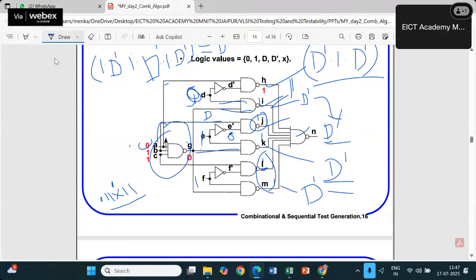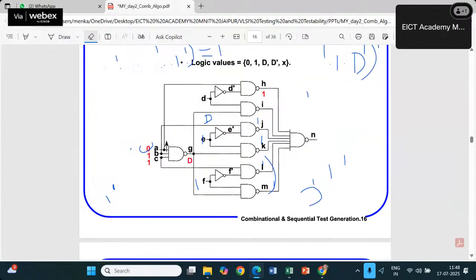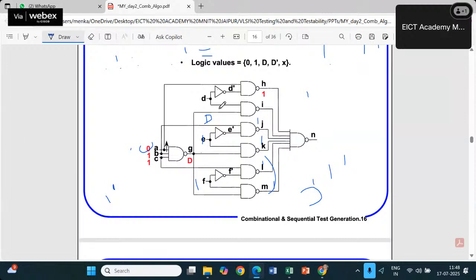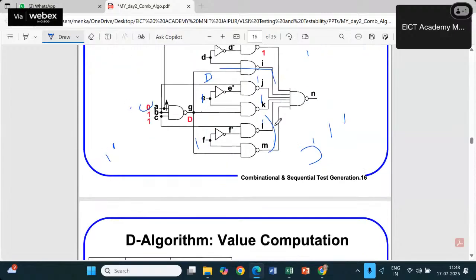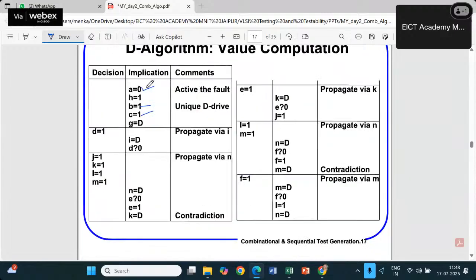So I thought, okay, let's go through the I path. What are the implications? We wanted to go through the I path, so what we have done before, we will do the same thing. The ABC values to activate the fault we have done.